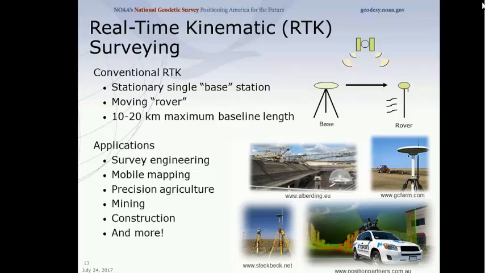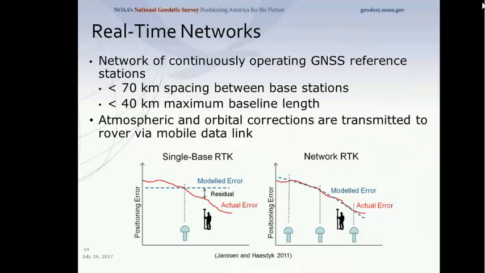Okay, next. And then, of course, we could take it a step further now and say, okay, well, instead of setting up a temporary single base station, what if we build out a network of base stations that are permanently operating? And in Oregon, such a network is available, and of course ODOT manages it, and that's the Oregon Real-Time GNSS Network.